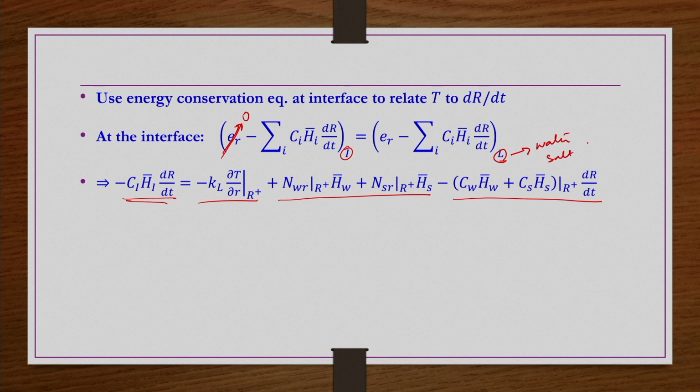So, we have N_W,R at R plus H_W bar, plus N_S,R at R plus H_S bar, minus C_W H_W bar plus C_S H_S bar at R plus, dR/dt, right. And then the conduction term minus K_L ∂T/∂R. So, whatever liquid-side quantities there are, we indicate with R plus.